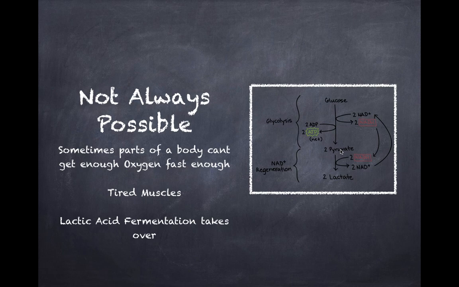All organisms do that to begin with. And then those pyruvates, instead of being broken down into 3 carbon dioxides in the Krebs cycle, are going to be changed to lactate or lactic acid. And that lactic acid is going to leave the cell, and that will allow glycolysis, this part, to give us a couple of ATPs to continue in the absence of the Krebs cycle and electron transport.